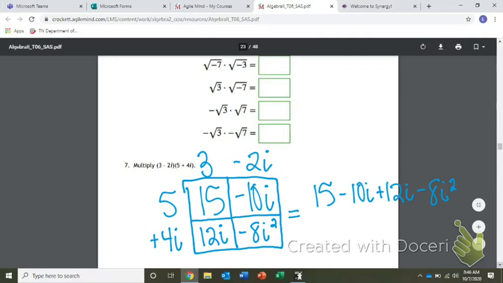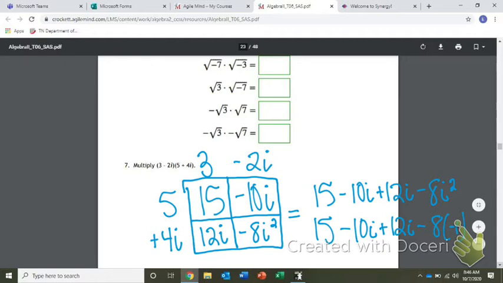What did I say that i squared equals, though? Negative 1. So now we have 15 minus 10i plus 12i minus 8 times a negative 1, because all I did was plug in negative 1 for that i squared.